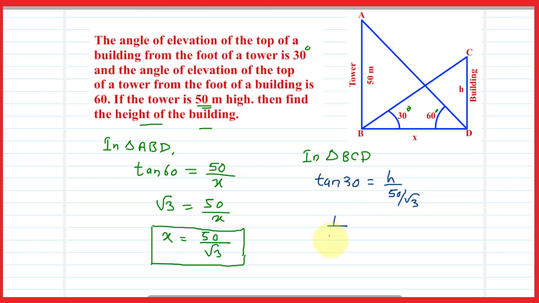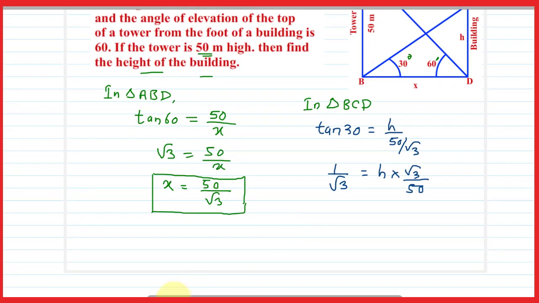So 1 upon root 3 is equal to h into root 3 upon 50. So take 50 to this side and root 3 to this side. We will get h is equal to 50 into 1, that is 50 upon root 3 into root 3, which is 3. So h is equal to 50 upon 3, and 50 upon 3 is 16.67 meter.